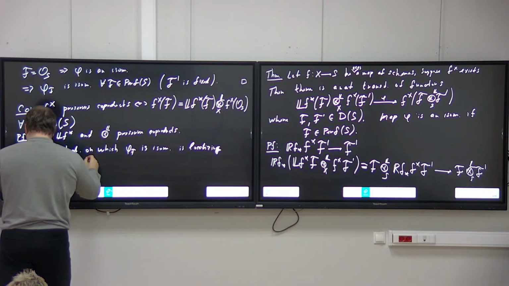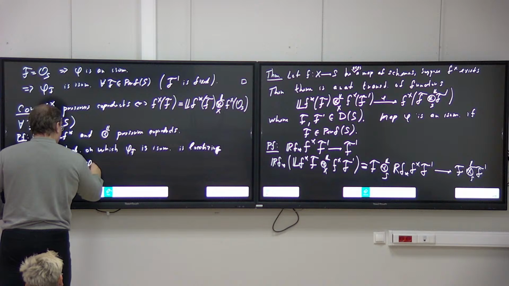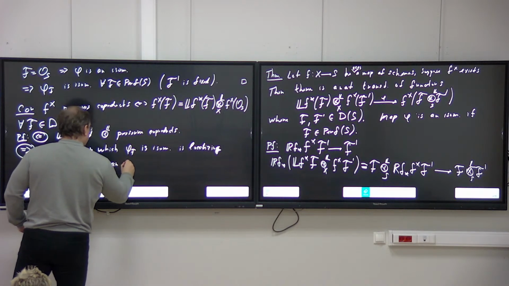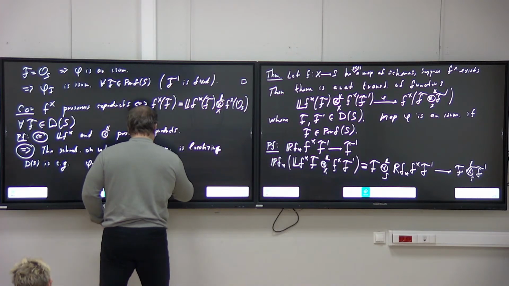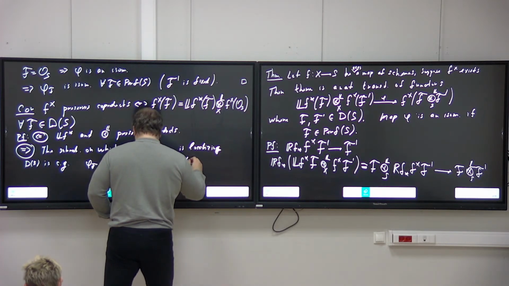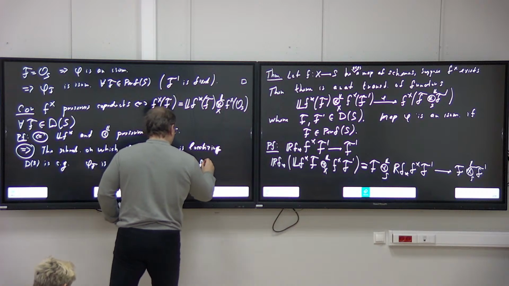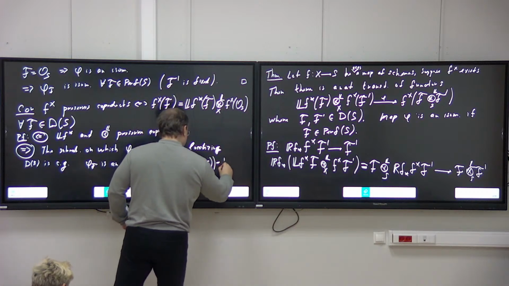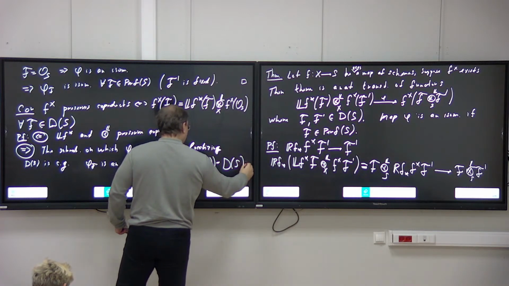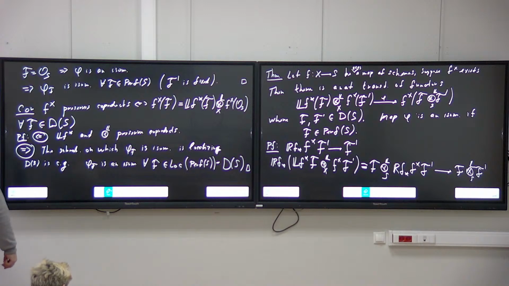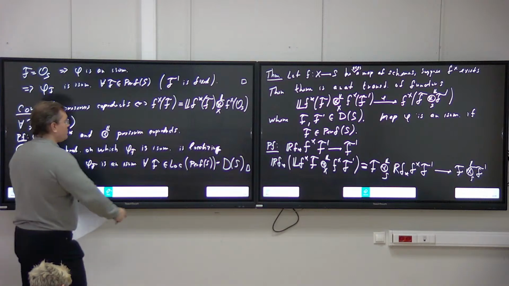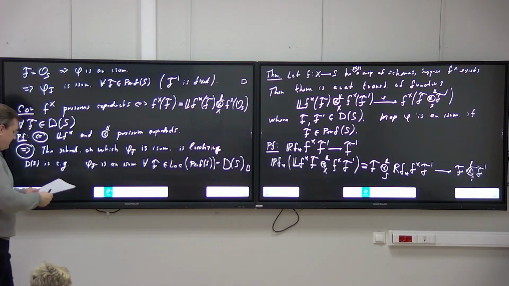So phi f is an isomorphism for any f which is in the localizing subcategory generated by the structure sheaf, which is the D of S. And for the f prime, we just take the structure sheaf. Okay, so under some assumptions, you can reduce the computation of the new functor to the computation of the old one, which is just f with the upper star.